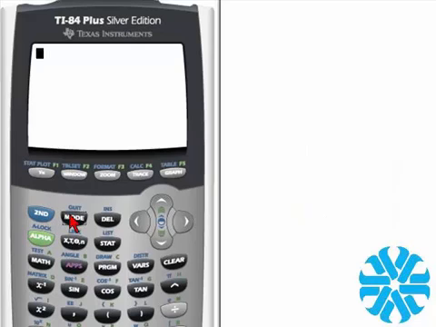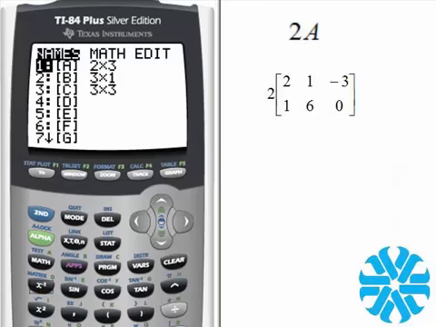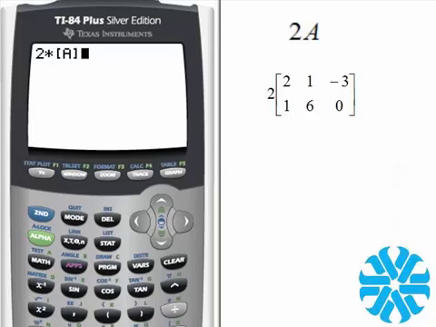For example number 1, we would like to compute 2 times matrix A. Remember, this is called scalar multiplication. So that's 2 multiplied by, and then call the matrix up, second function matrix, and matrix A. Enter, and select Enter.